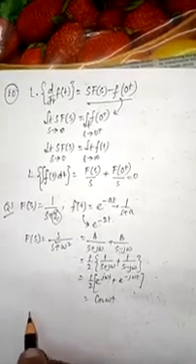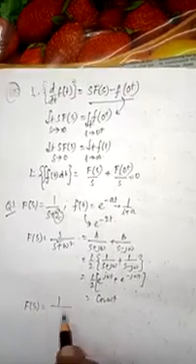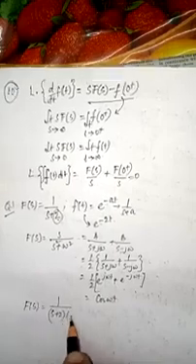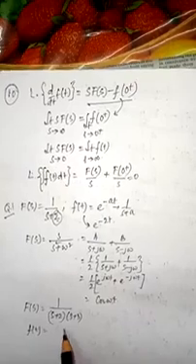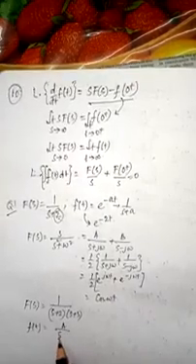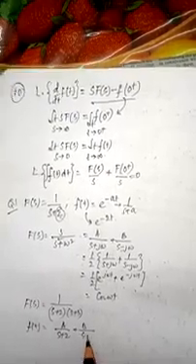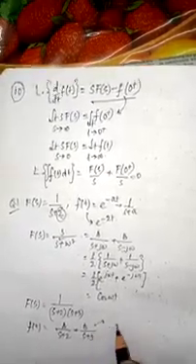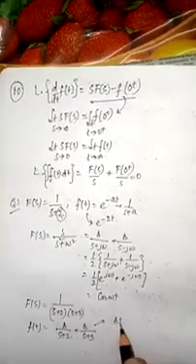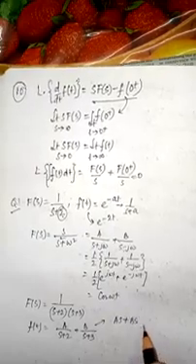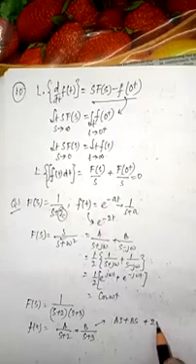Now suppose another problem is given that F(s) equals 1 by s plus 2 into 1 by s plus 3. So what should be f(t)? Again we write a by s plus 2 plus b by s plus 3. Taking the common denominator, we get s a plus bs, plus 3a plus 2b.